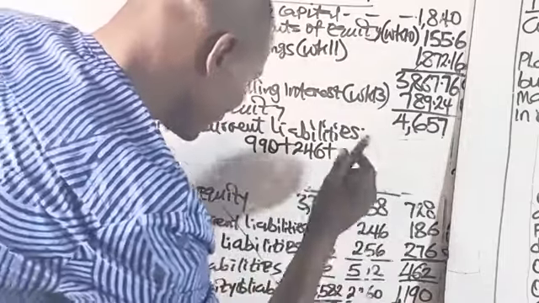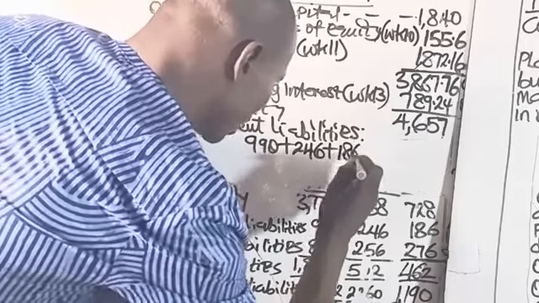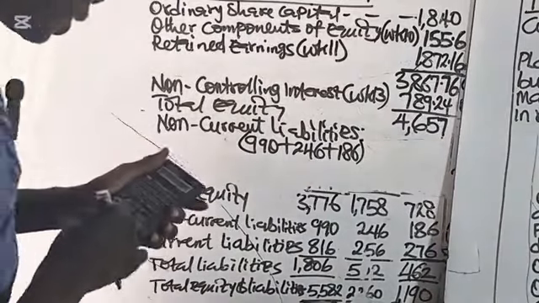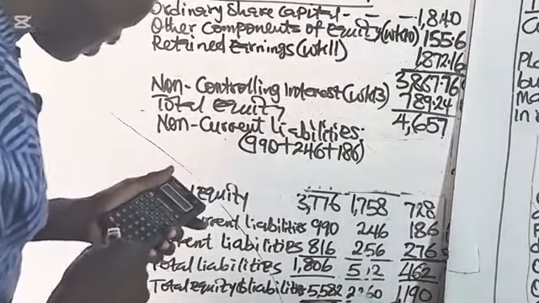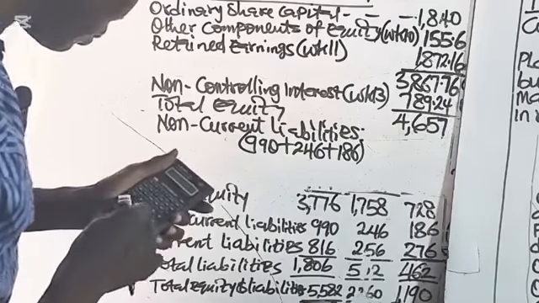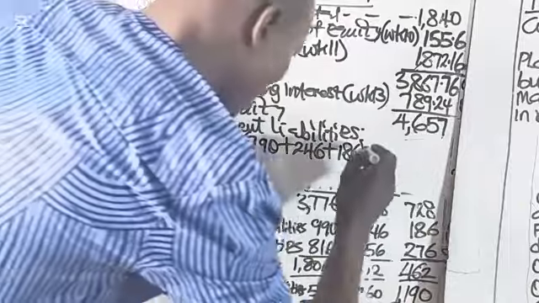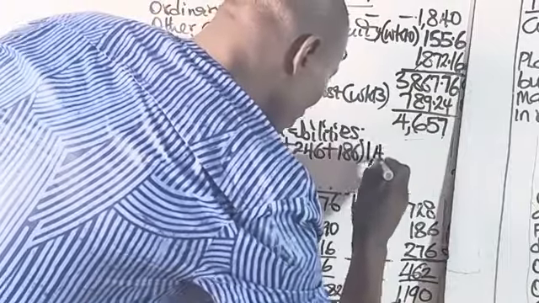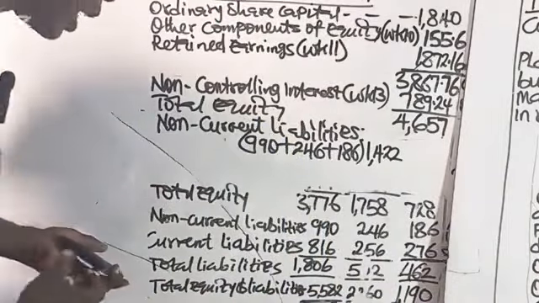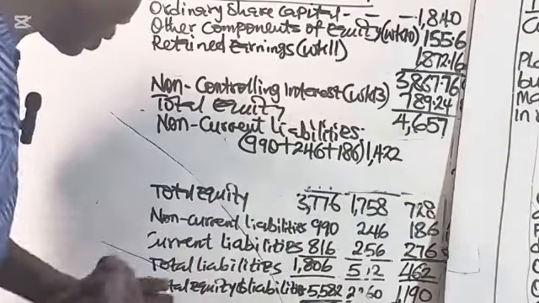We have 186. There are no adjustments on this. Let's just sum them up: 990 million plus 246 million plus 186 million. We have 1422. That is non-current liabilities.